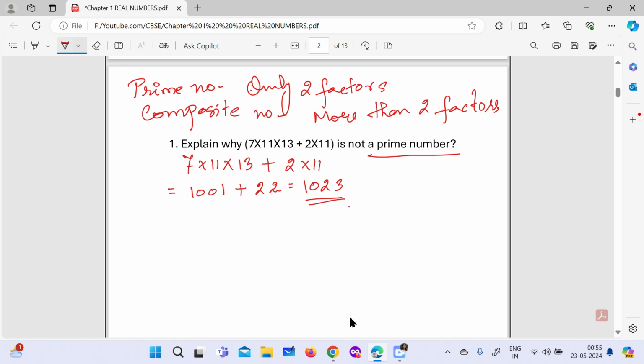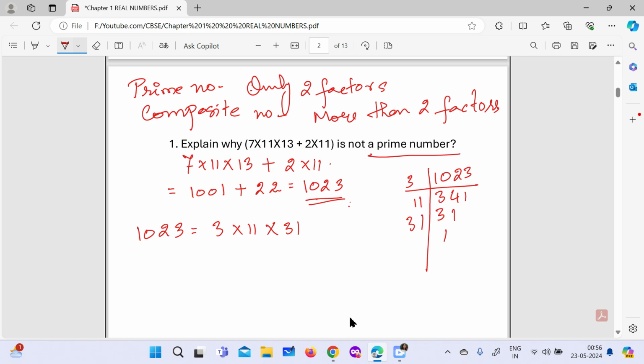Now we have to prove that this is not a prime number. To prove that, we should prove that 1023 has more than two factors. 1023 has factors 3 times 11 times 31.